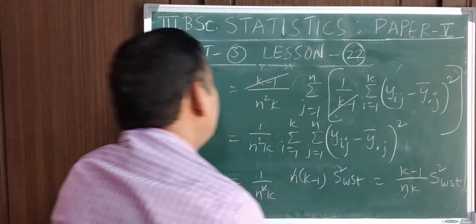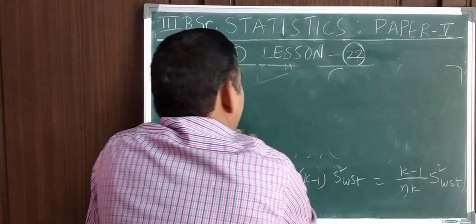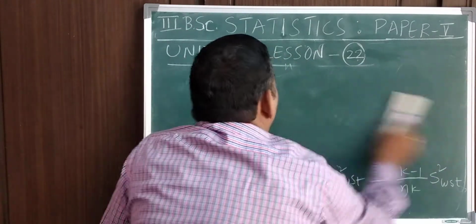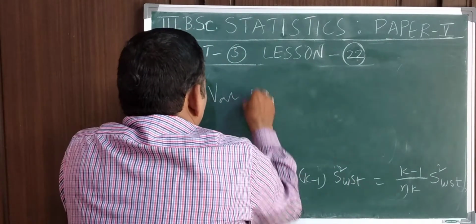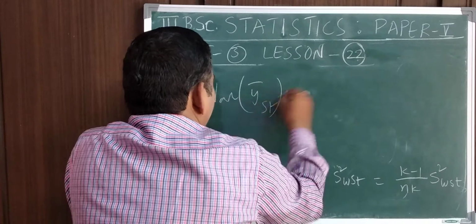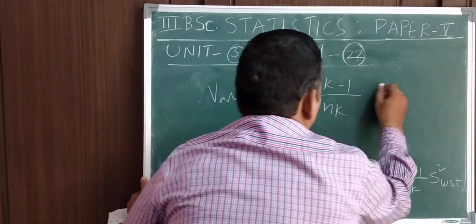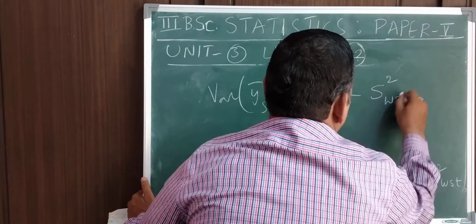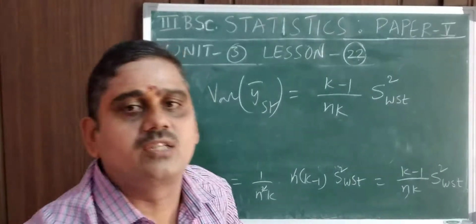What is this? This is the formula of the variance of y bar st. The formula of the variance of y bar st of stratified random sampling is now k minus 1 by nk into s square wst.